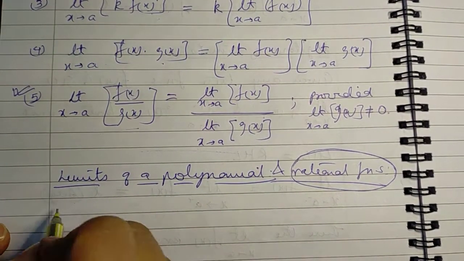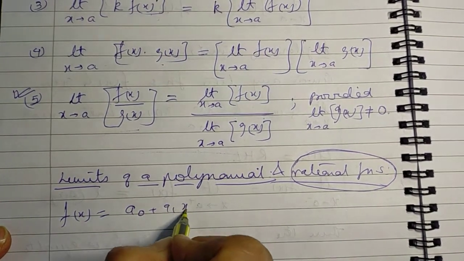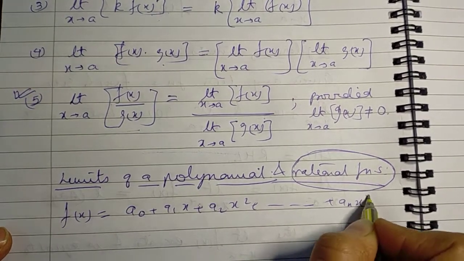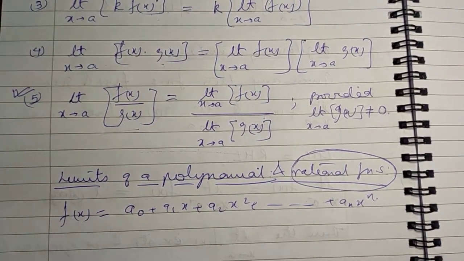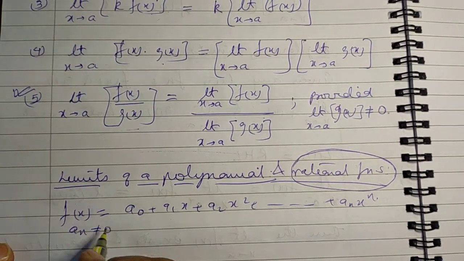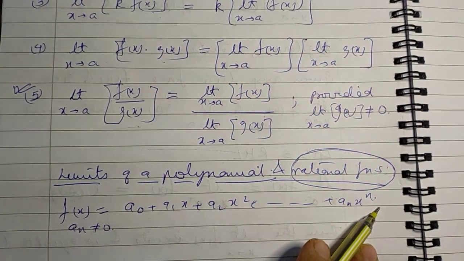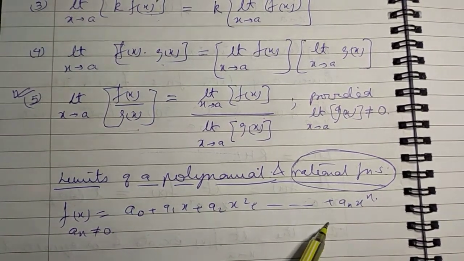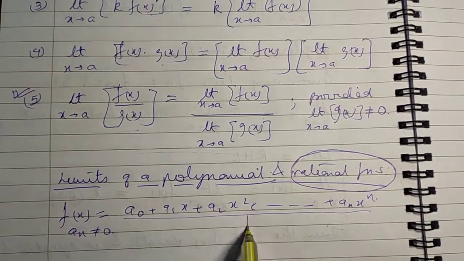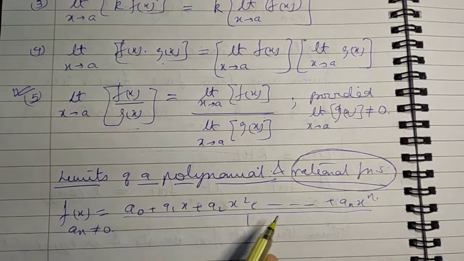Now we know that given any polynomial, let's say a0 plus a1x plus a2x squared plus so on up to anx raised to the power n, where an is not equal to 0, so that it is a polynomial of degree n. We know that the denominator is always 1, so there is no point of x for which the function is not defined.